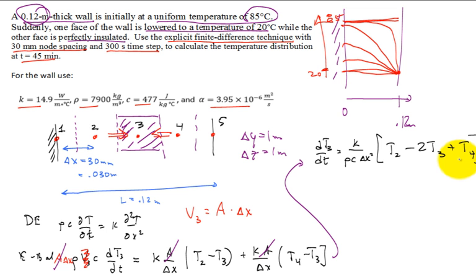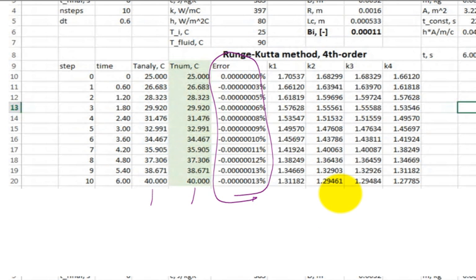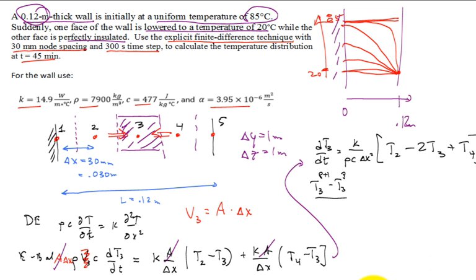Thumbs up? Okay, good. Then we approximate the time derivative with T3 at time level P plus 1 minus T3 at the current time level, divided by delta T. I'm going to put that delta T up there. So I'll have K divided by rho C, a property we were already introduced to, called alpha.